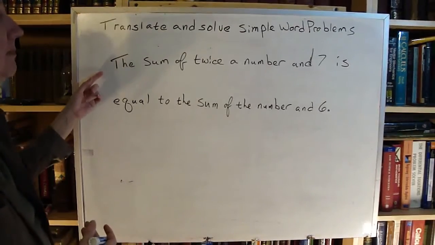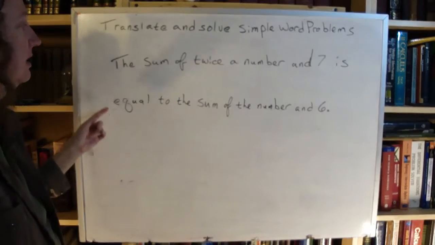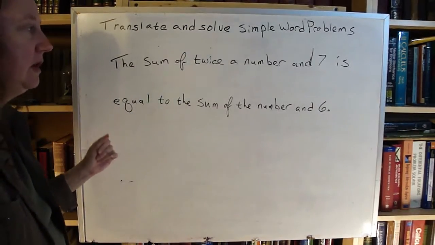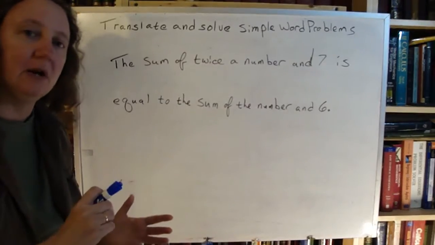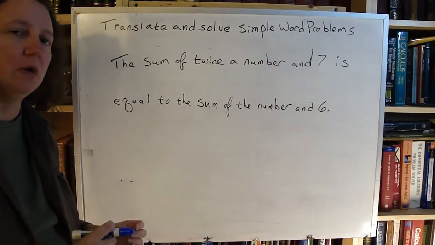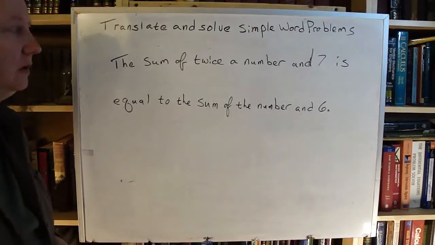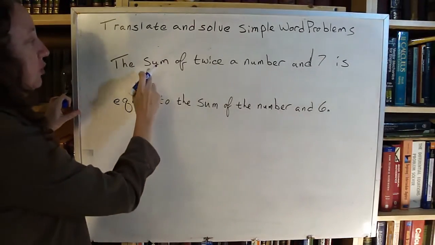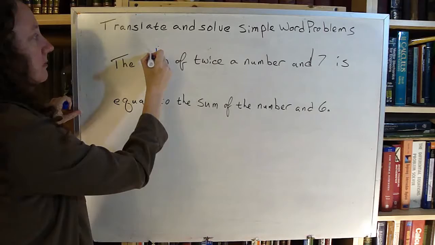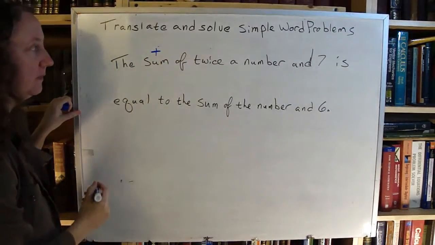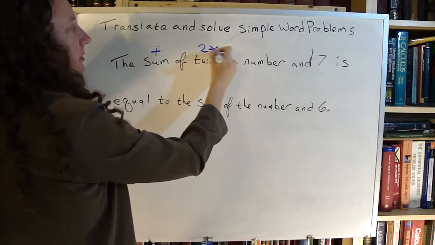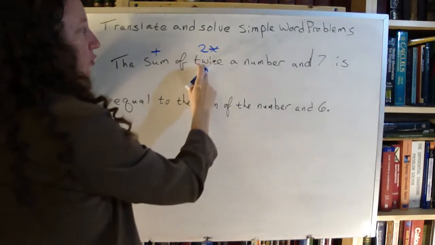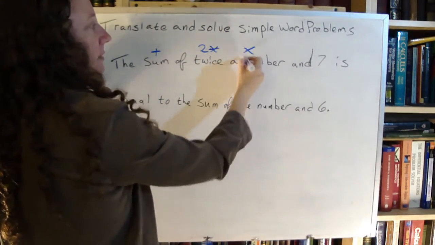So the sum of twice a number and 7 is equal to the sum of the number and 6. Next thing you do is you try to pick out what are some of these key words and what they mean. So you should know sum means plus. Twice means 2 times. So twice a number means 2 times x.